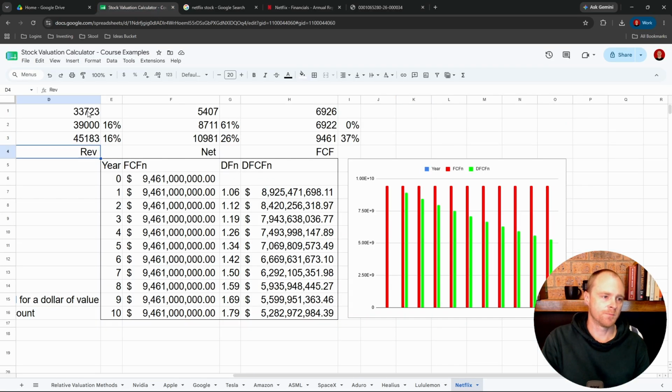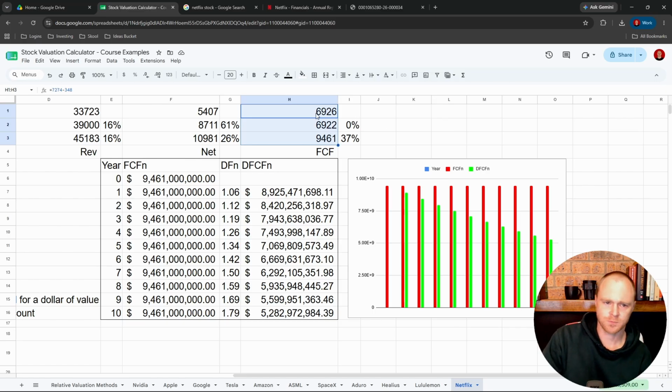So for the revenue, we've got 16% growth pretty much year on year. That gives us that pretty much 50% over 3 years. Then we've got our net income, which has grown at 61% between 2 years and then to 26. Then we've got our free cash flow.